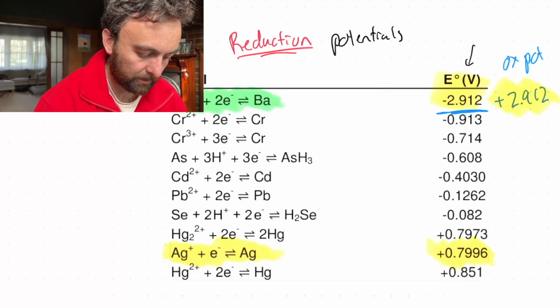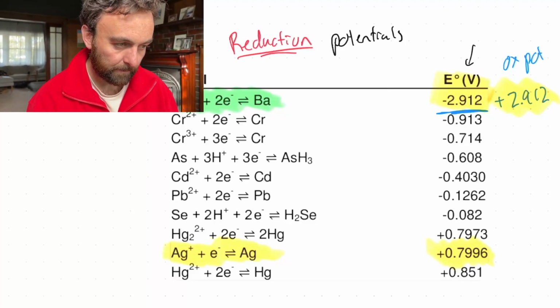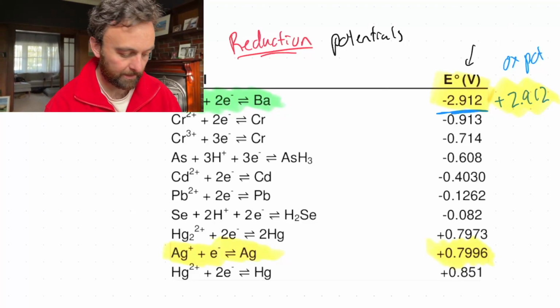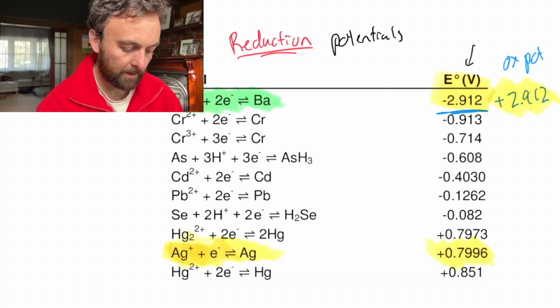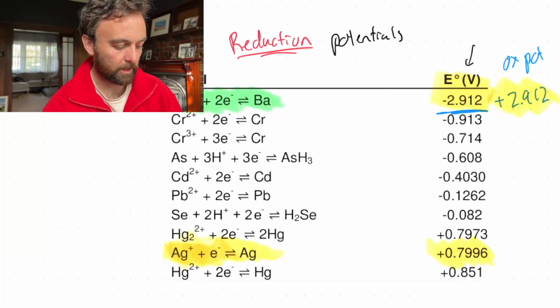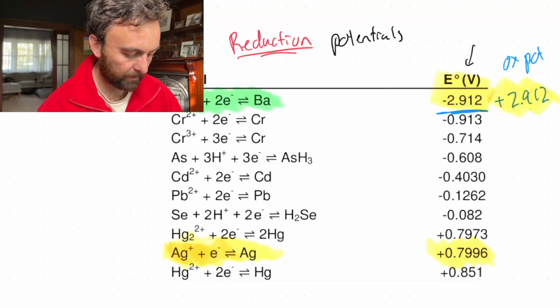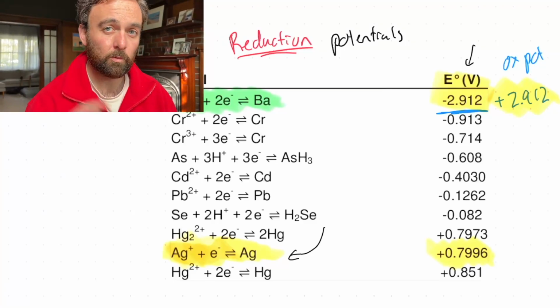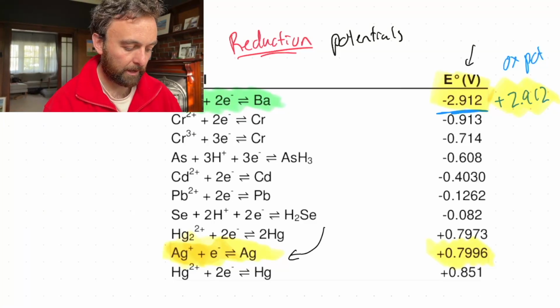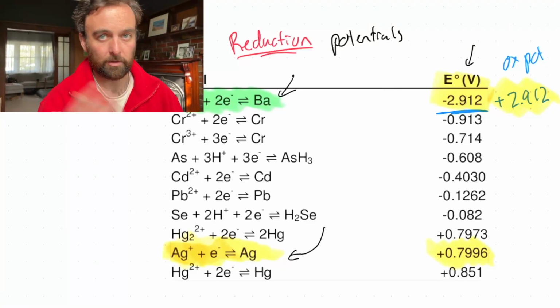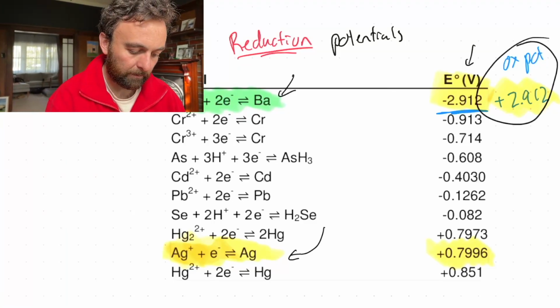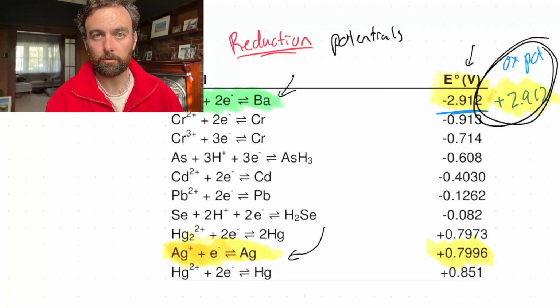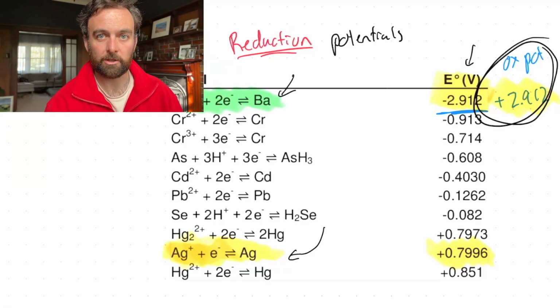That's how I think of it. If we look at these ones, we have positive 0.8 for Ag, and negative 2.9 for Ba. Therefore, the Ag being more positive will run as the reduction, and that forces the Ba to run as an oxidation. And that's when we flip the sign of that 2.9 into the other oxidation number.